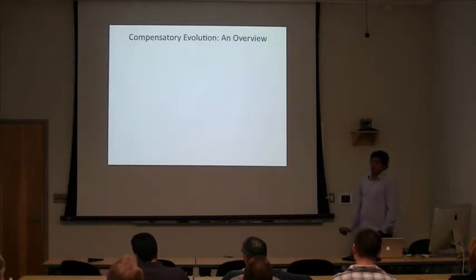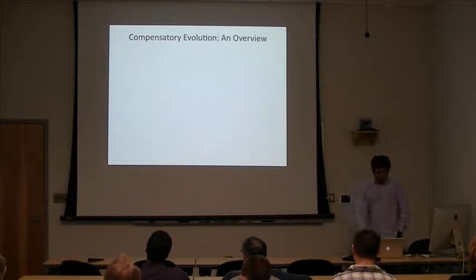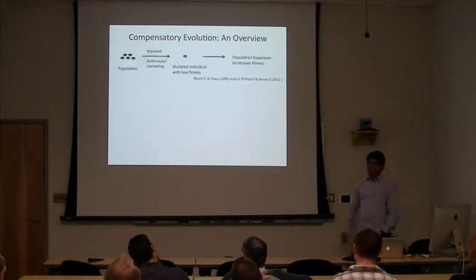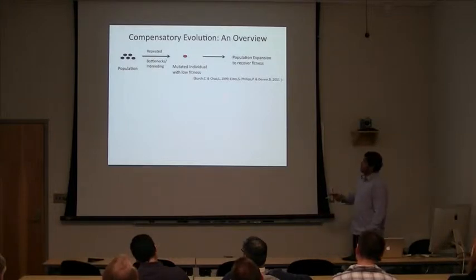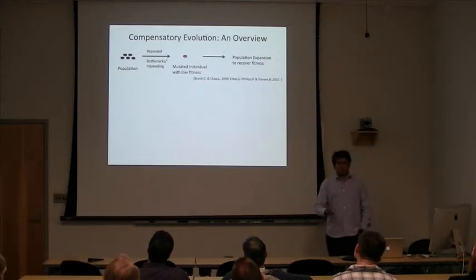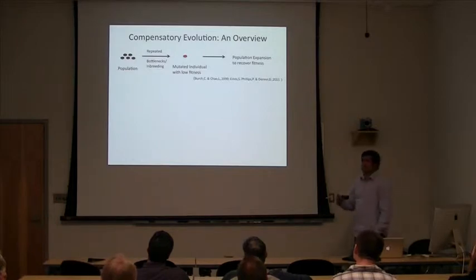A quick overview of how these studies are typically done. So you have a population and you introduce repeated bottlenecks and recover individuals which are mutated. And then you let them expand in population and recover fitness. This is a typical mutation accumulation study.